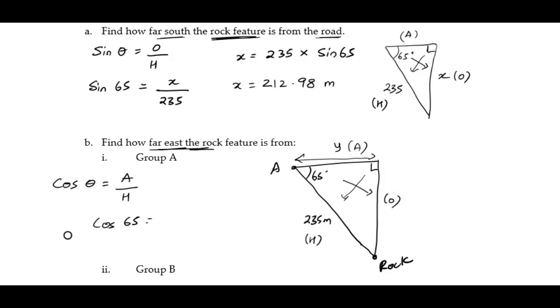Cos 65 equals the adjacent side Y over 235. So if we multiply both sides by 235, the 235 goes into itself once, leaving us with Y equals 235 times cos 65 degrees.